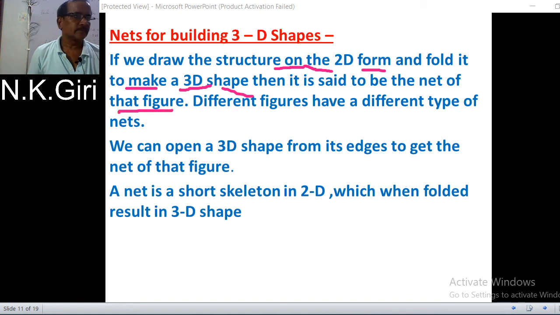Different figures have different types of nets. We can open a three-dimensional shape along its edges to get the net of that figure. A net is a skeleton in two-dimensional shape which, when folded, results in a three-dimensional shape.